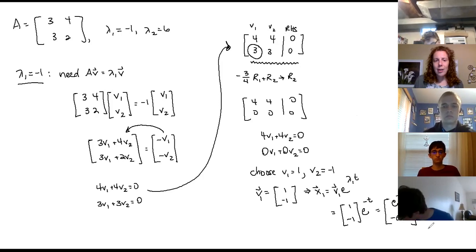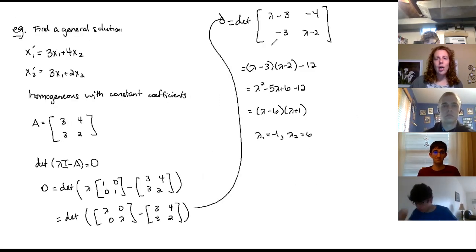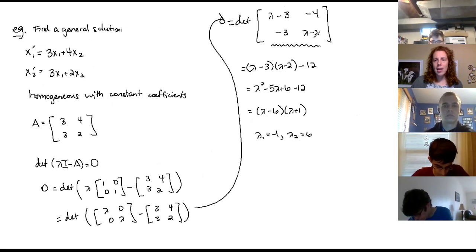Go back. I wish this were all on the same chalkboard, and it's not. Go back to your determinant matrix right here. If you plug in lambda 1 equals -1, you are going to get almost the same matrix.